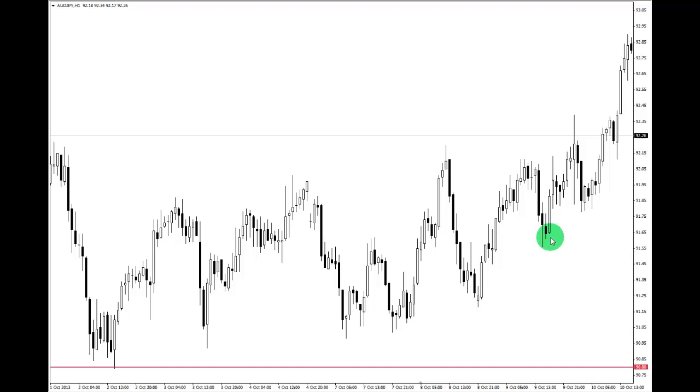Okay, so when a bank or an entity comes in the marketplace and defends a particular level, it may be option expiration, it may be other factors that are fundamentally driven that are going to be outside the scope of this teaching. This is where we see the basis of what it looks like and why they'll be defending it. Okay, they're going to defend this area here.